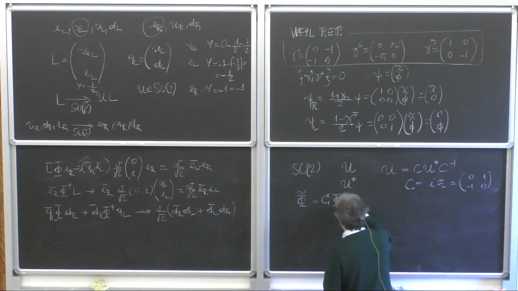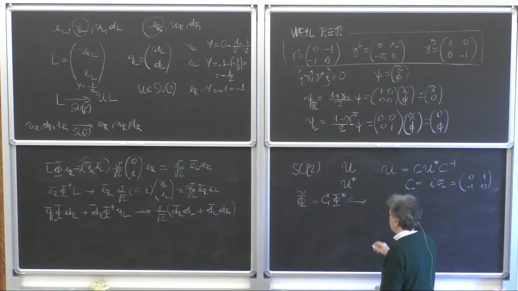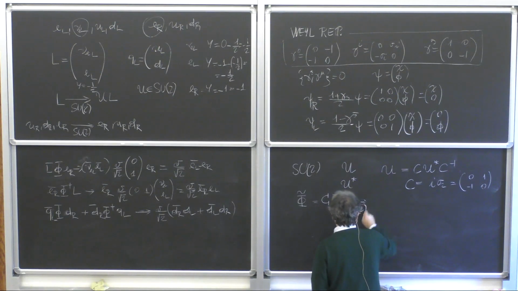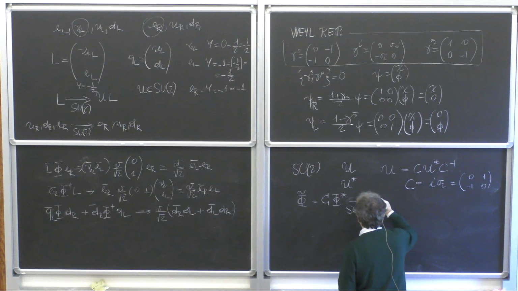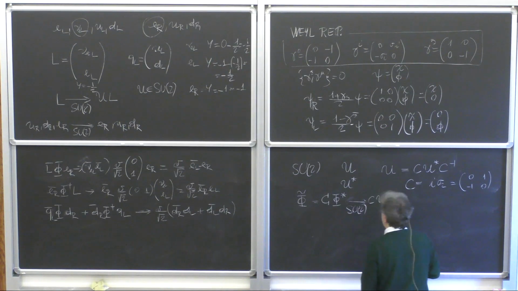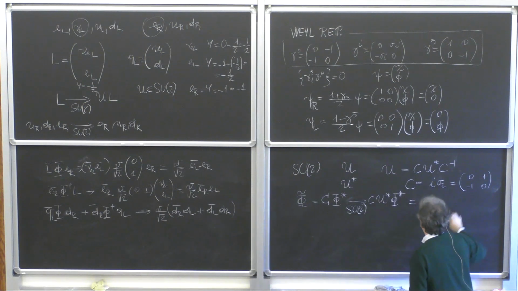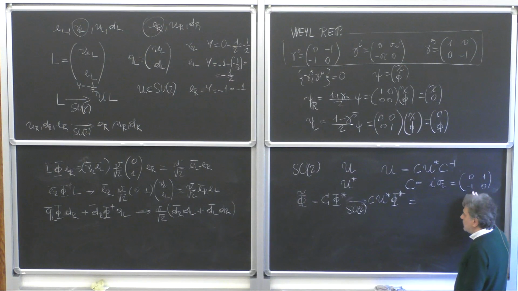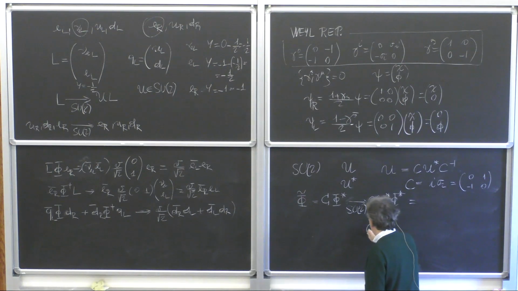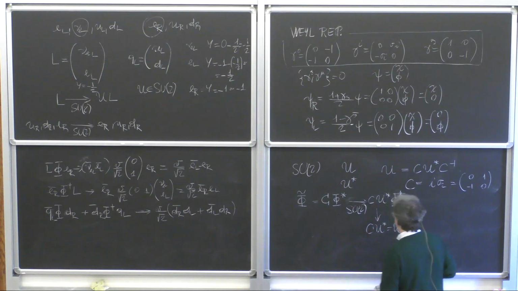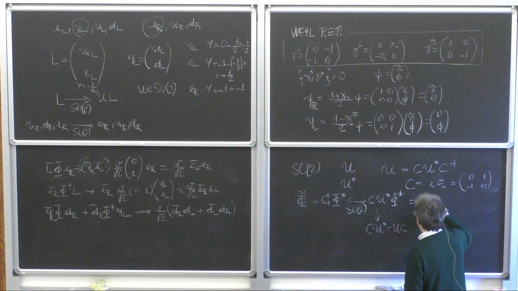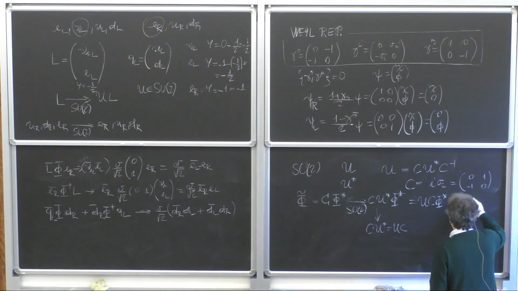and under the SU2 symmetry, this goes into C U star phi star, and with this matrix C, you can prove that C U star is equal to U C. So this is U C phi star, so U phi tilde.